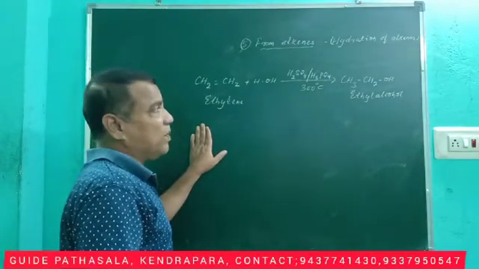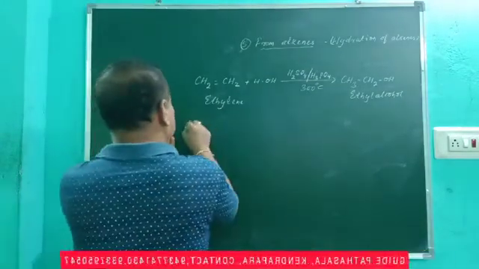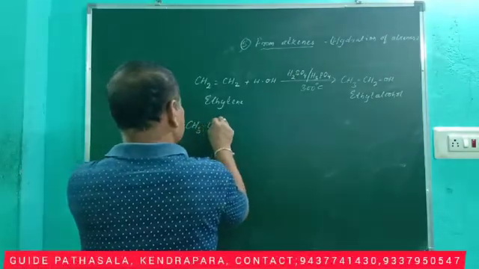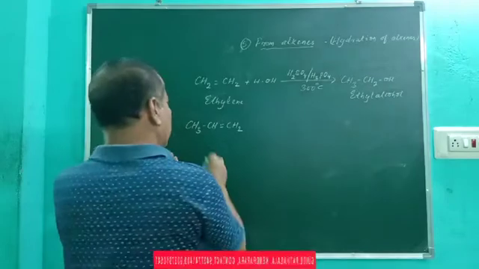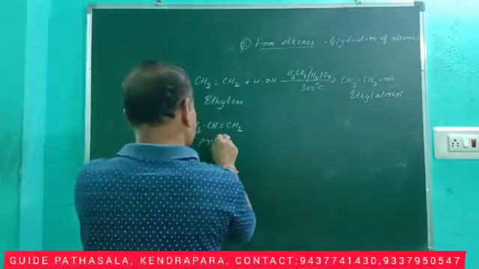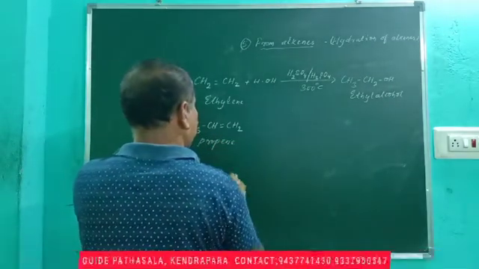If you take an unsymmetrical molecule, suppose CH3 single bond CH double bond CH2, it is an unsymmetrical compound. It is propene or propylene.